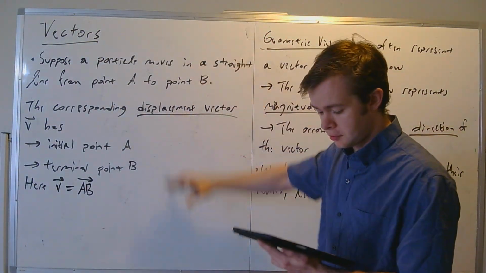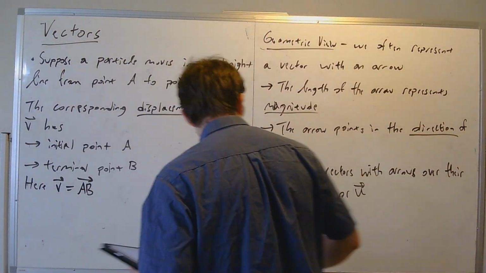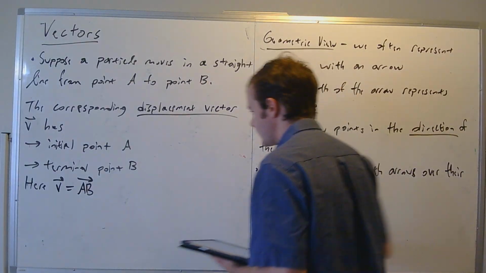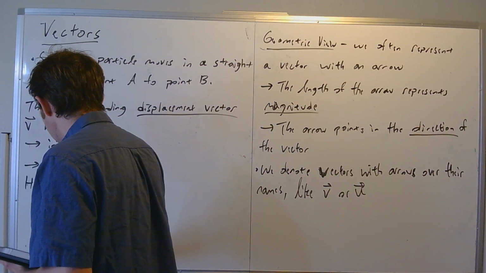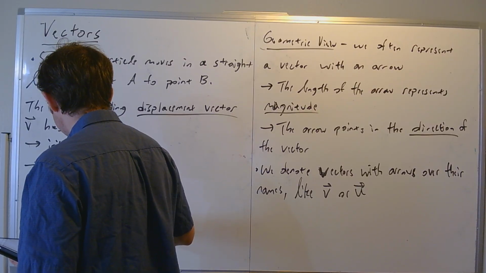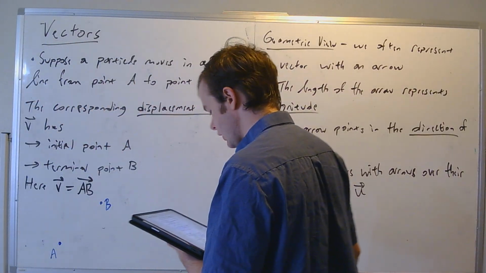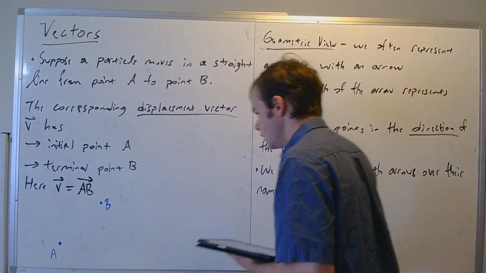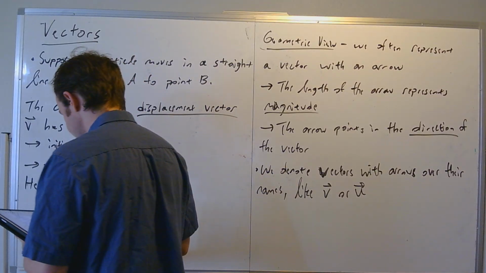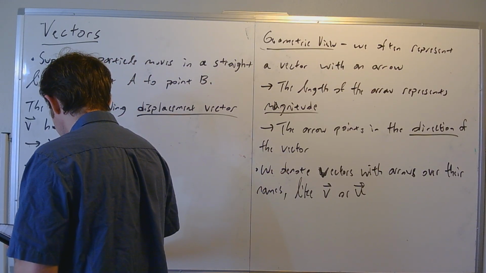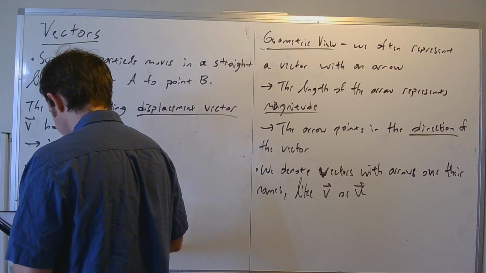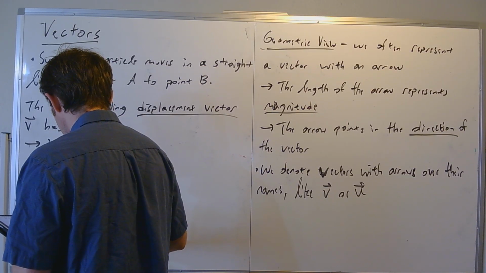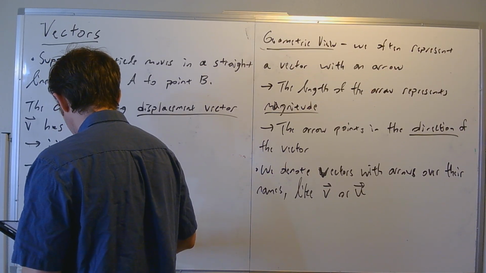And all of this is to say, well, let's say we have our points A and B. So I'll draw our points A and B. Then the vector going between them is going to be this vector v, which is going to be equal to AB.